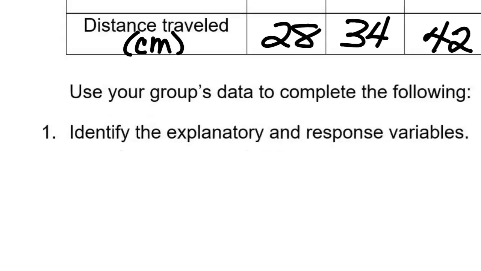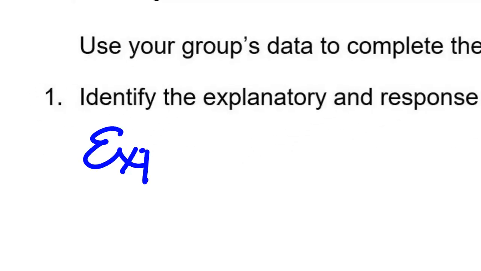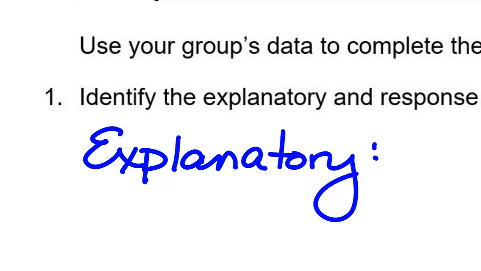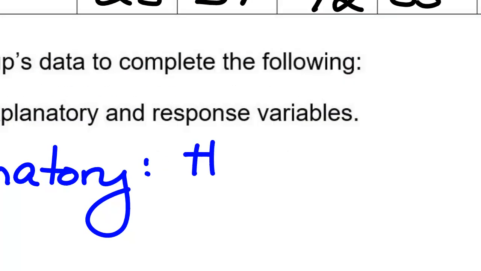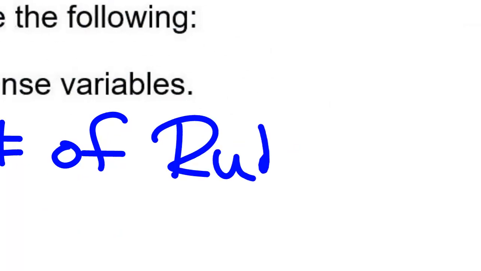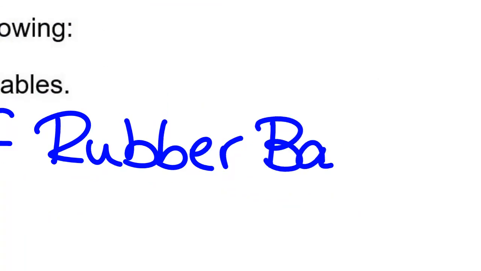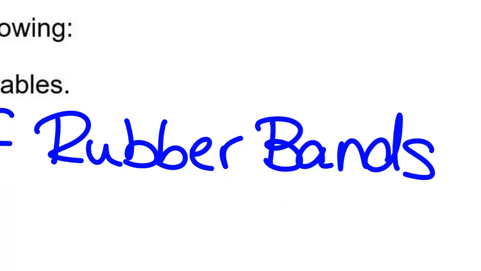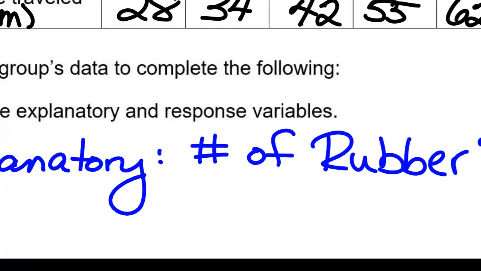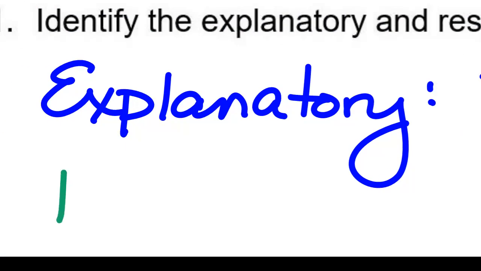Rubber bands. Explanatory variable would be number of rubber bands. And so our response variable would have to be distance traveled.